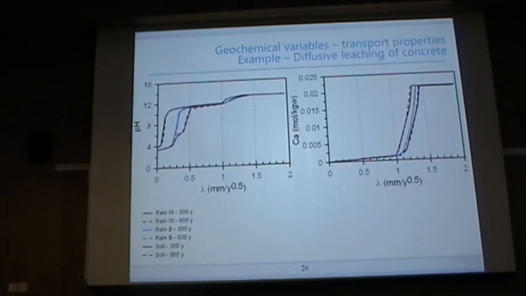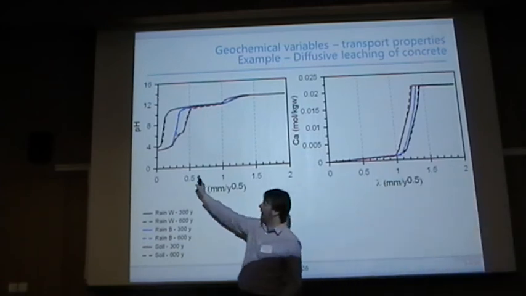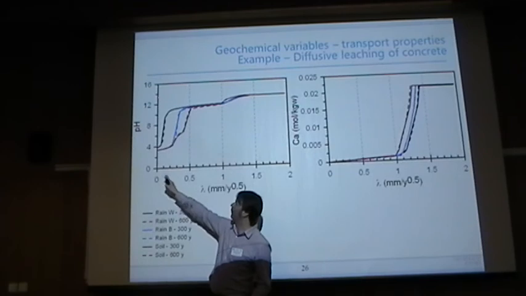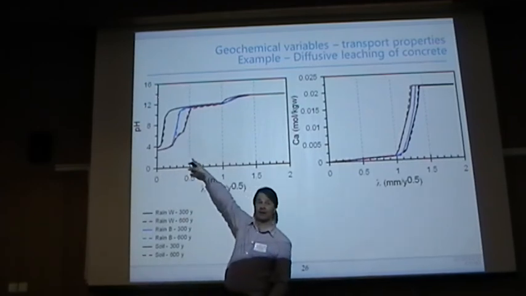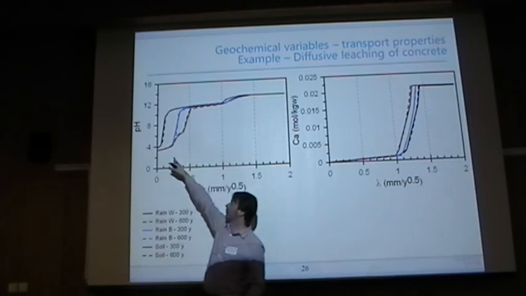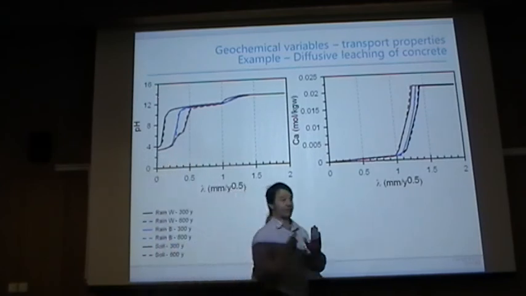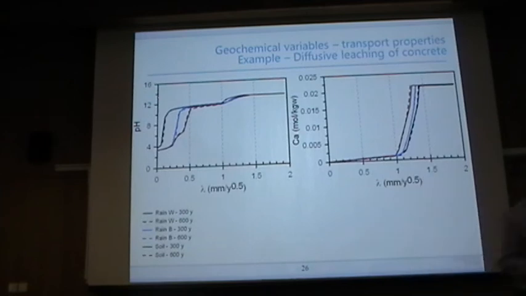But the soil water is still more aggressive, because at positions closer to the boundary, you see that for the red curve, the pH is lower in the case of the soil water compared to the rainwater. So in the part before the clogging, of course, the soil water is still much more aggressive, leaching out calcium much faster and decreasing the pH much more.